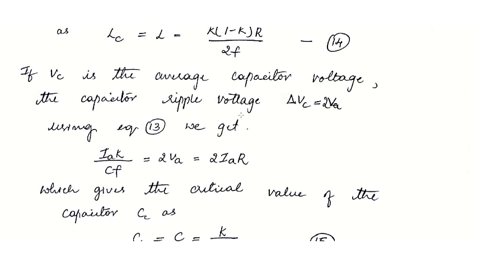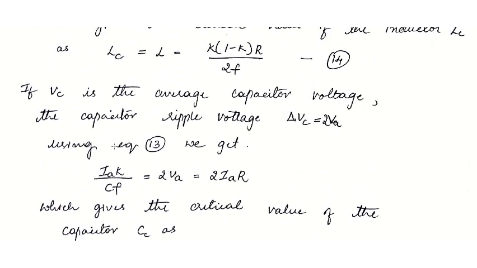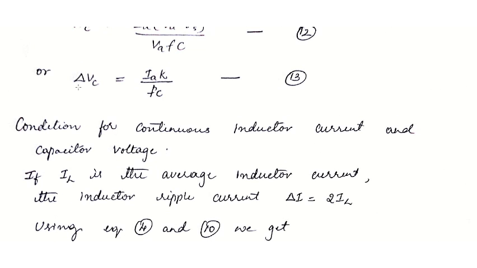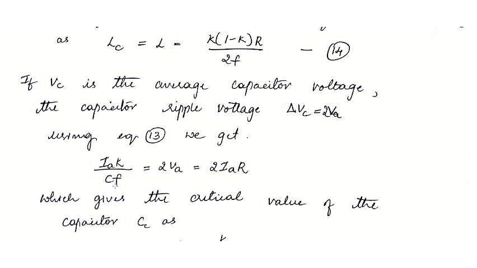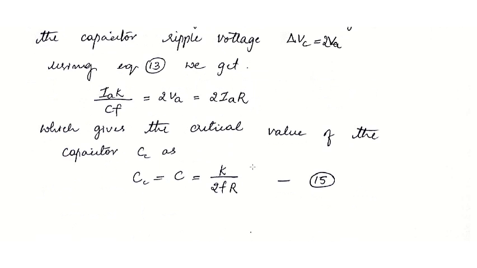Similarly, the average capacitor voltage. If VC is your average capacitor voltage, the capacitor ripple voltage delta VC is nothing but 2 into VA, the output voltage. So using equation 13, substituting here, IAK by CF is equal to 2 into VA, which is also equal to, writing in terms of IA into R, which will give us the critical value for the capacitor.